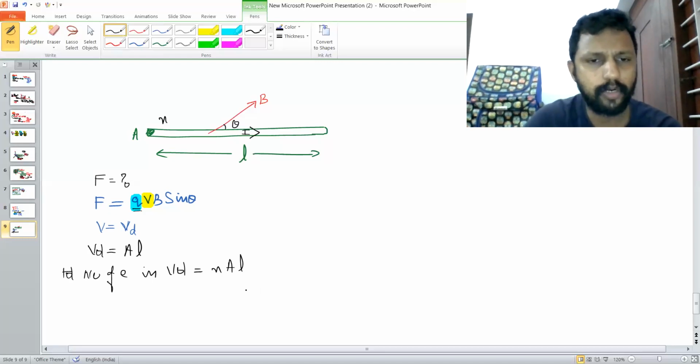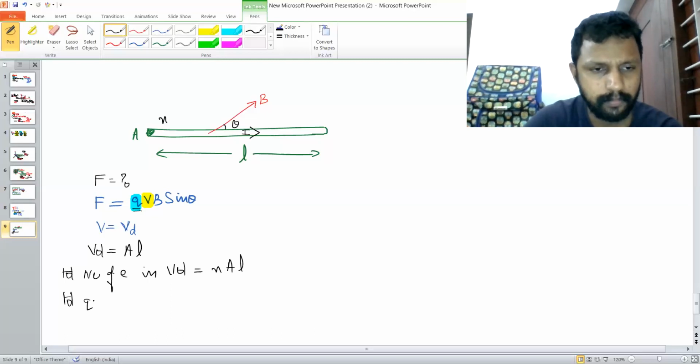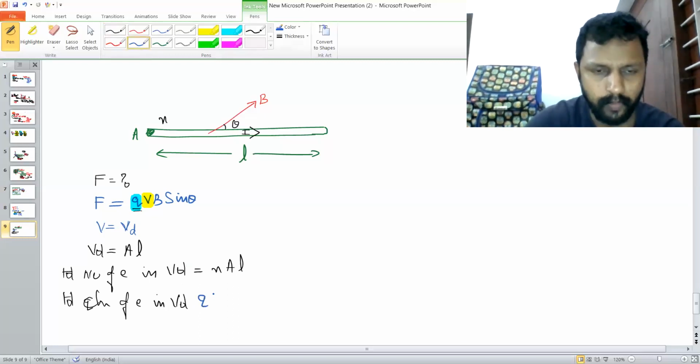And if we know the total number of electrons in this volume, you could find the total charge of electrons in this volume. That is actually Q, which we want to determine over here.